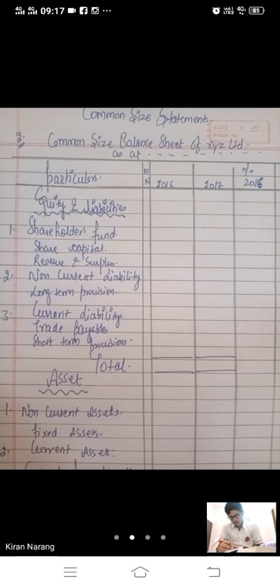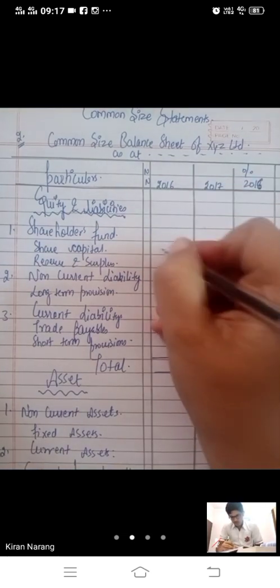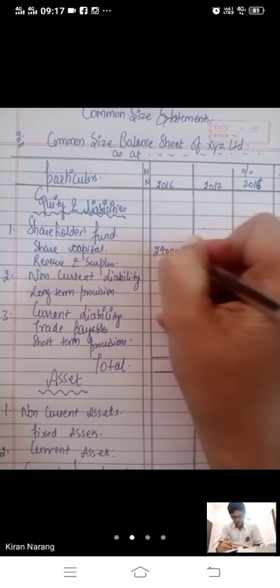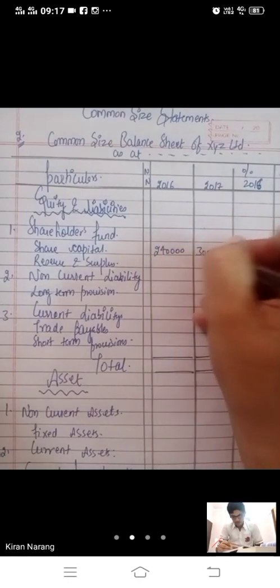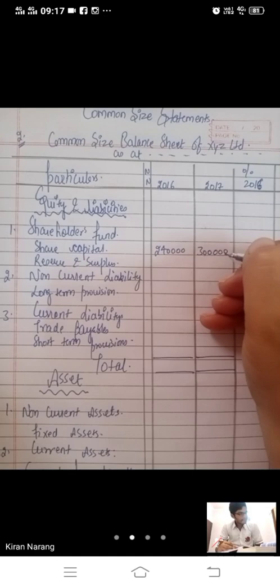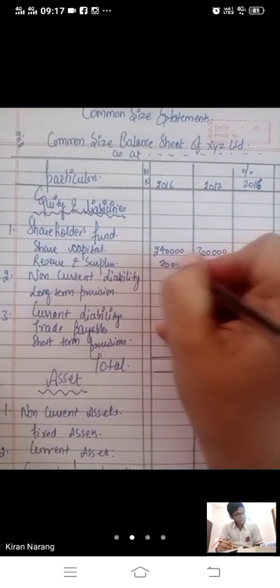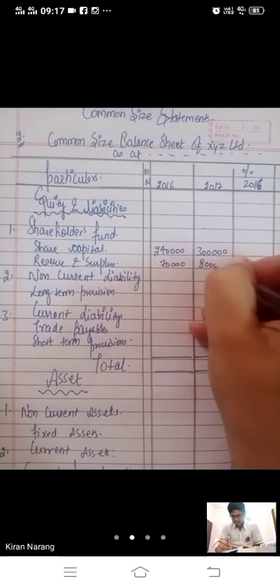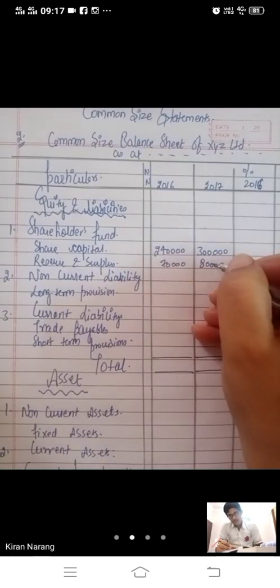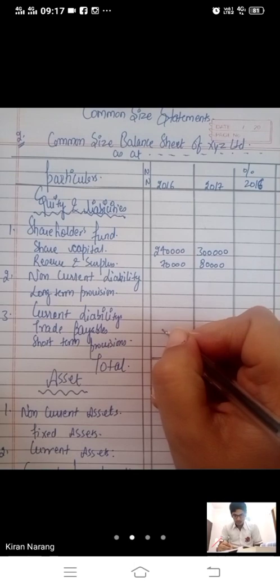Share capital is given 2,40,000 and 3 lakh. Then reserve and surplus 70 and 80. Then bache non-current liabilities. Trade payables are current liabilities, so you will write in trade payables 110 and 1 lakh.